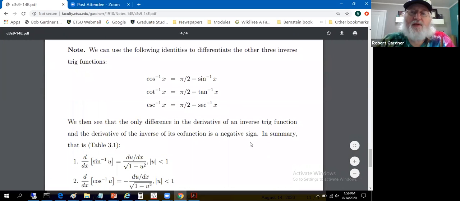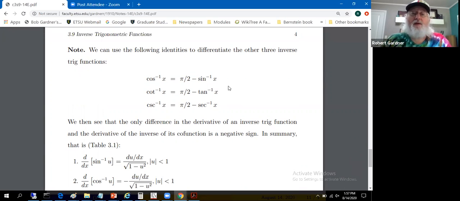But I think we stated this previously, we have the following identities between the 3 inverse trig functions and their inverse co-trig functions. Cosine inverse of x is pi halves minus sine inverse of x. Cotangent inverse of x is pi halves minus tangent inverse of x. And cosecant inverse of x is pi halves minus secant inverse of x.